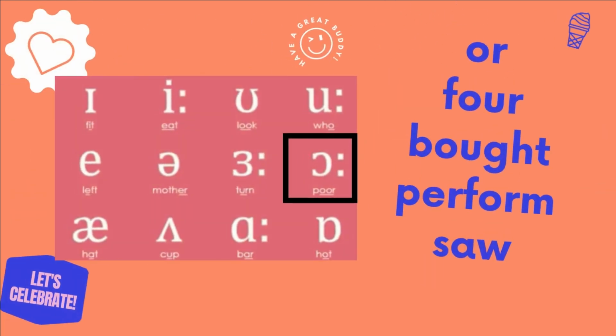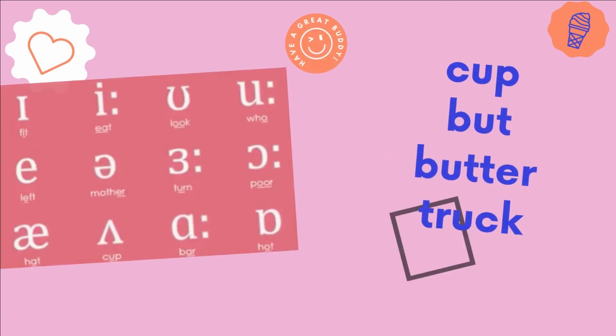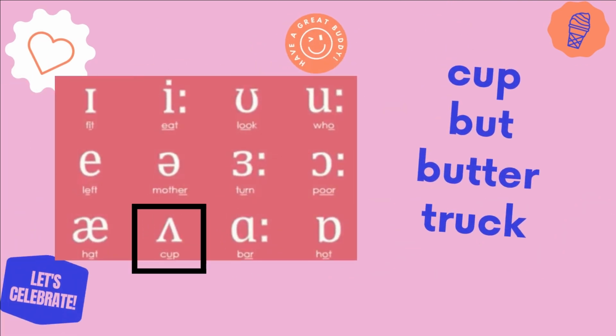Then we have the O sound. You can hear this sound in or, for, book, perform, so. Underneath, we move from the A sound to O. You can hear this sound in words like cup, but, butter, truck.